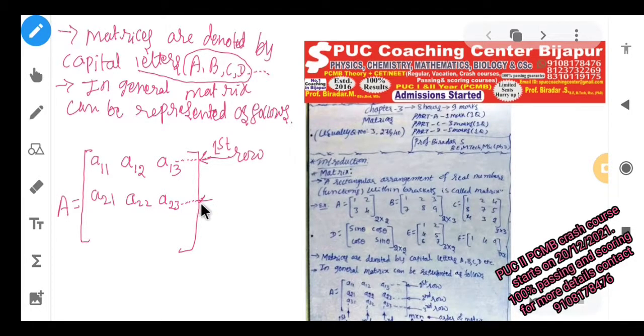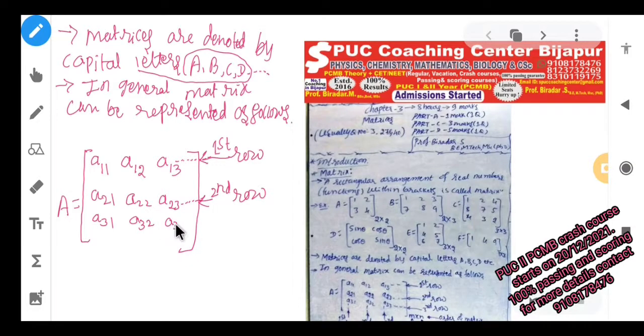Okay, what are you going to specify for this? That is the second row. This is the first row, this is the second row. And similarly, if you come down here, next you are going to shift to the third row, first column. Next here, third row, second column.